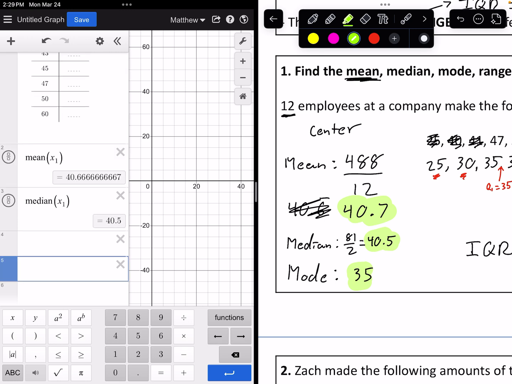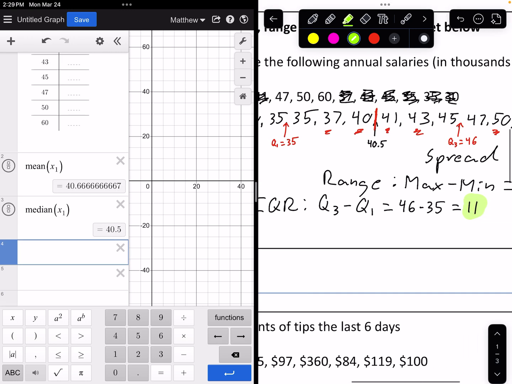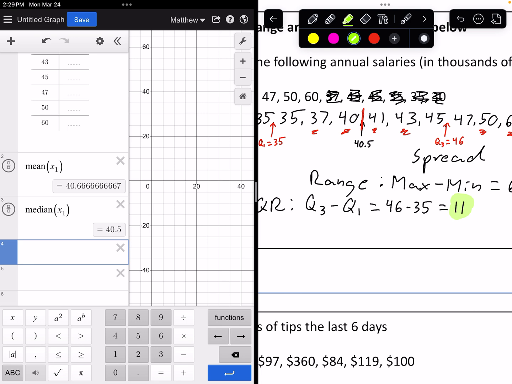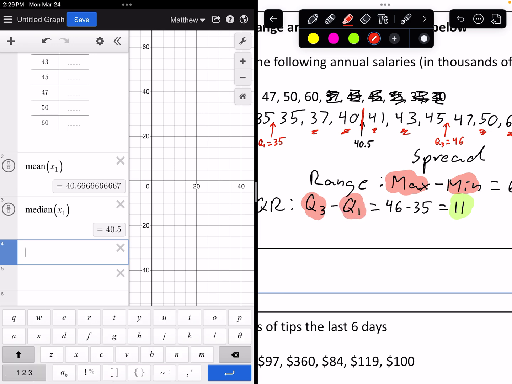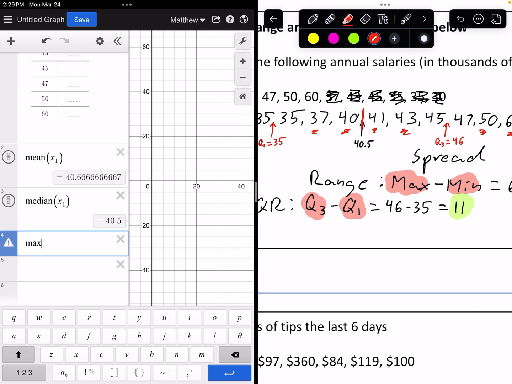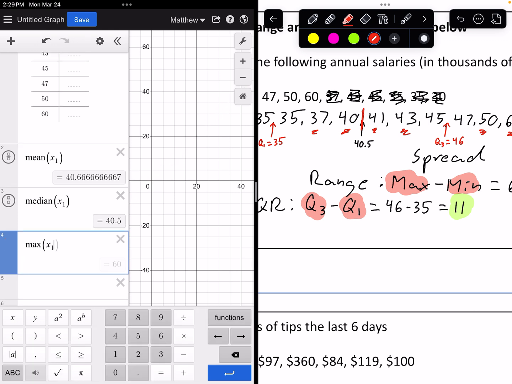Now let's shift our attention to our spread. To find these, we needed our max, our min, and our quarters. There is technically a command to just give you max. If you type in max of X1, it does tell you.